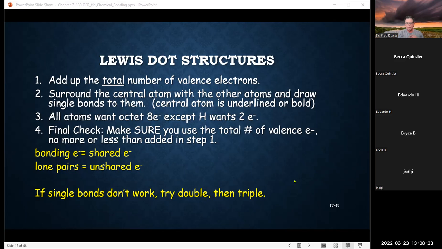Then at the end, we take an inventory to make sure that we have the same number of valence electrons total that we started off with in the beginning, because it's quite easy to lose electrons or even to add electrons as we're making these structures. So at the end, tally them up, make sure everything's okay. If it doesn't add up, then obviously something went amok, all right?